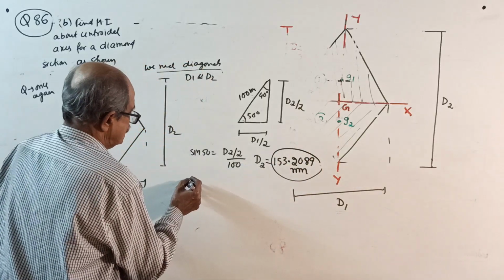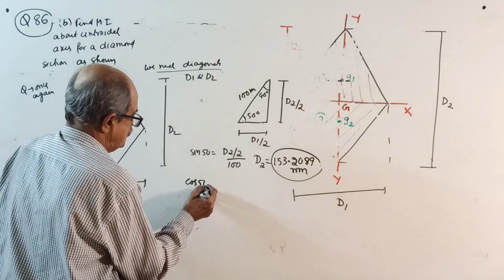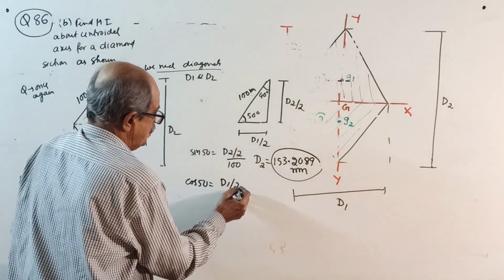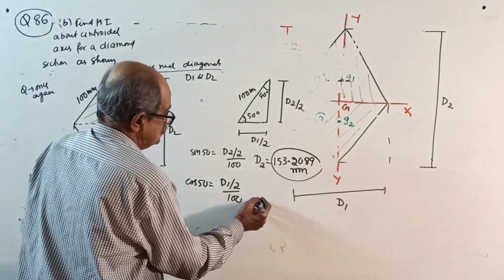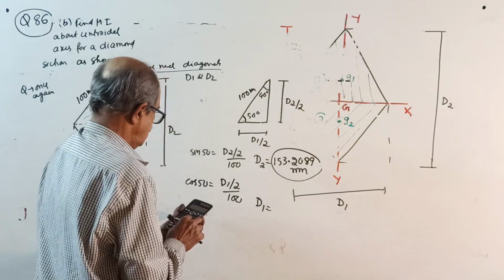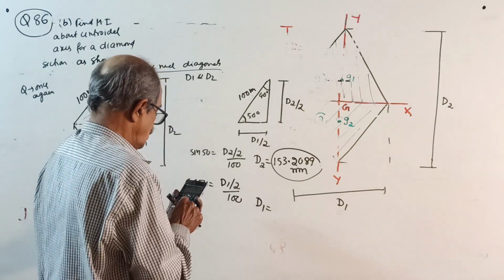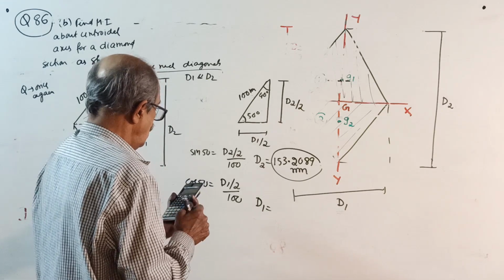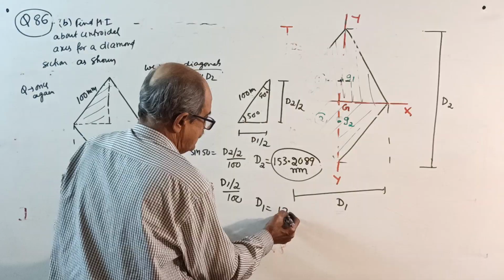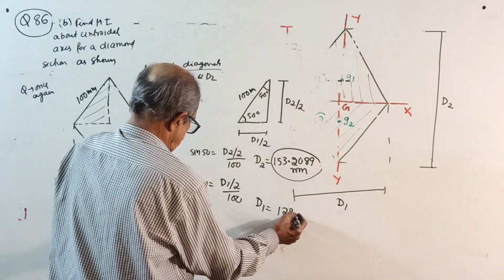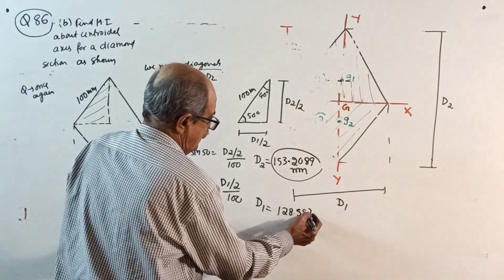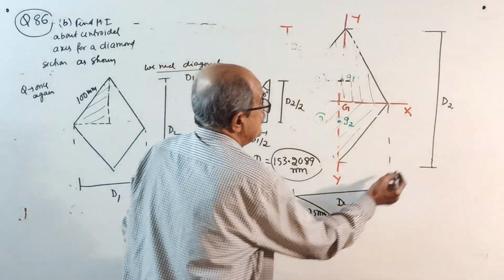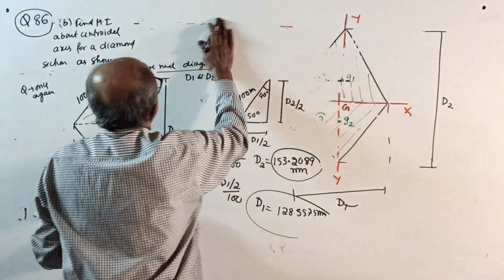And cos 50 equals D1 by 2 divided by 100. So your D1 will be 100 into cos 50 into 2, which is 128.5575 millimeter. Now solve the question entering these values and get the answer.